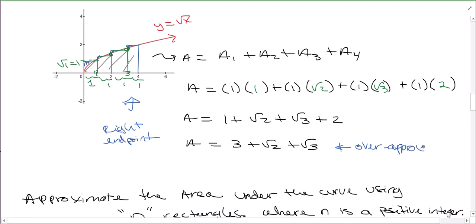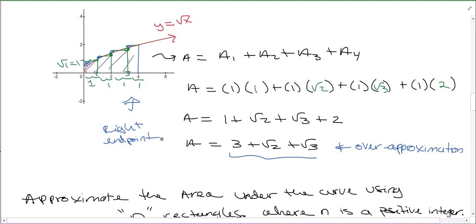Again, how do I know that this is an over approximation? Well, I can tell from the graph because I have these little pieces of the rectangles that are above the curve. Those little areas are being included in this calculation, and because they are above the curve, that is giving me an over approximation, because I'm looking for the area under the curve.